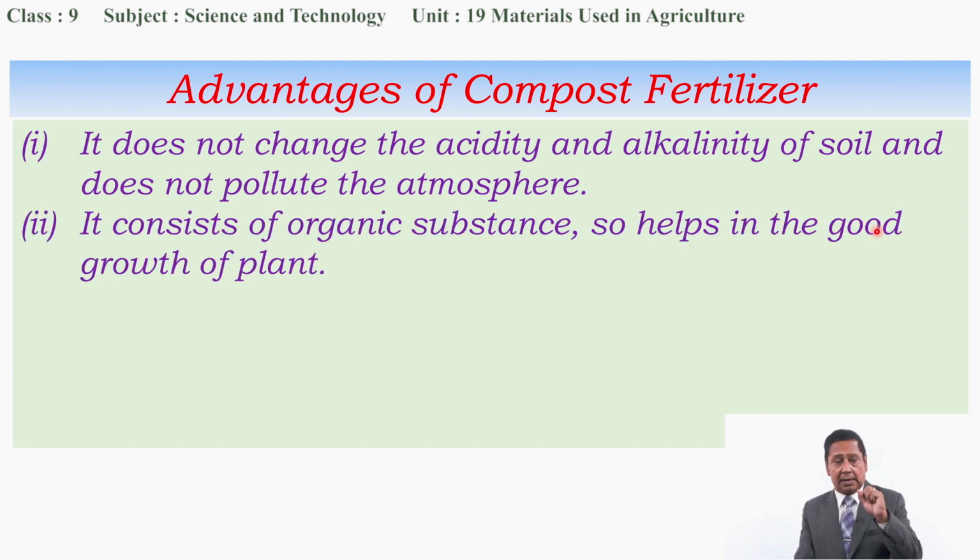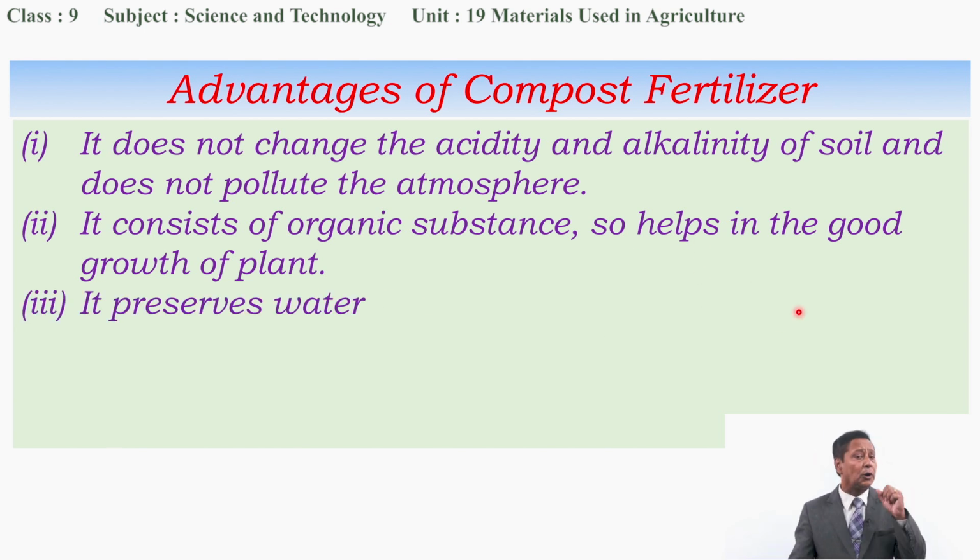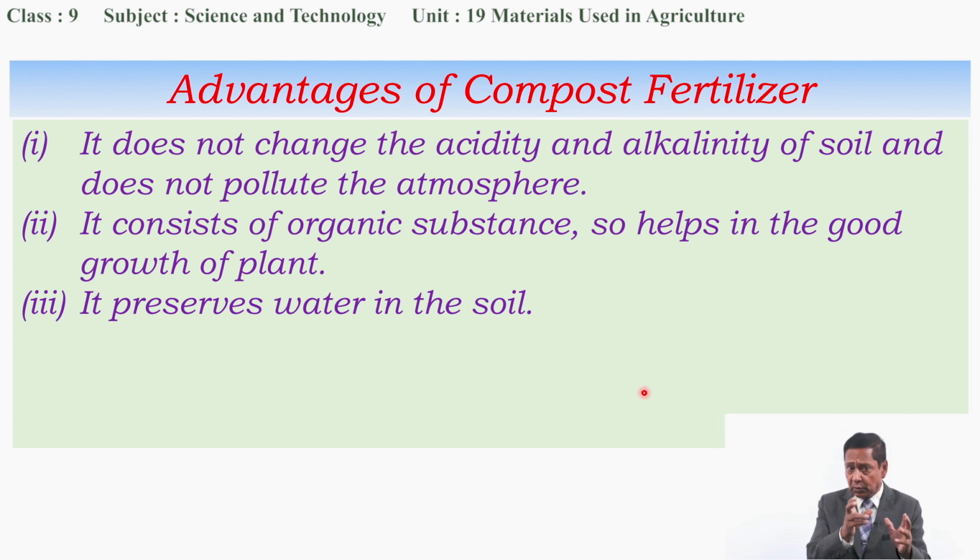Now second, it consists of organic substance. I told you about this, humus. So, it helps in good growth of plant. Humus contains hydrogen, oxygen, nitrogen, carbon, etc. And this is very good for the good growth of plant. Now, third advantage, it prevents water loss in the soil. This humus holds water, and because of the holding of water, water loss is prevented in the soil.